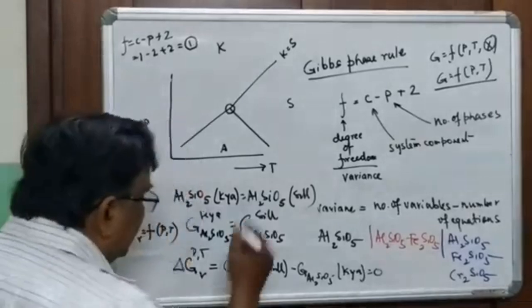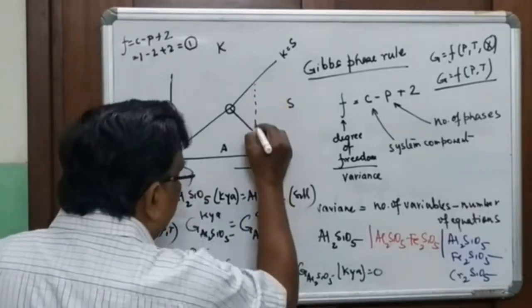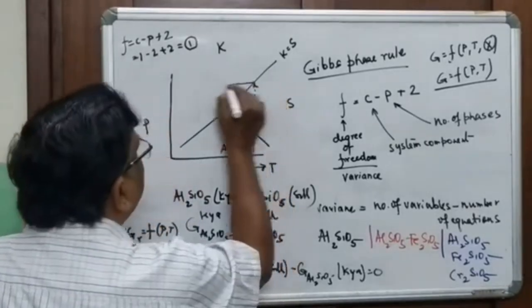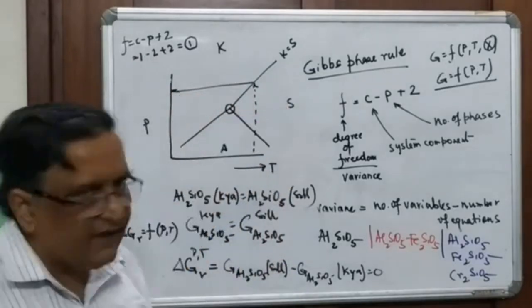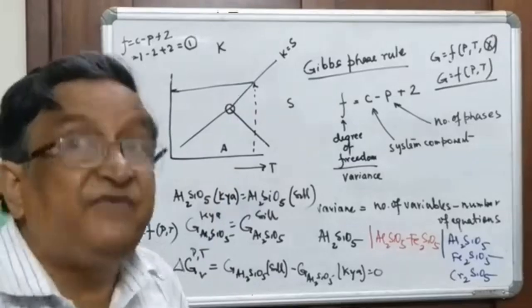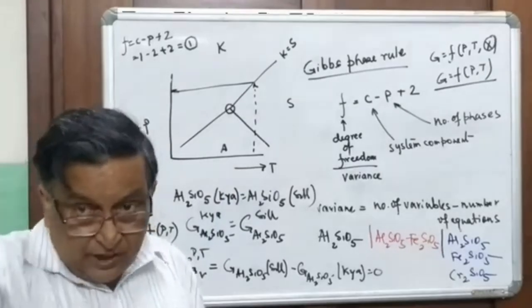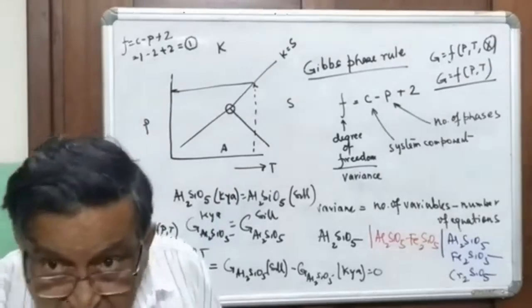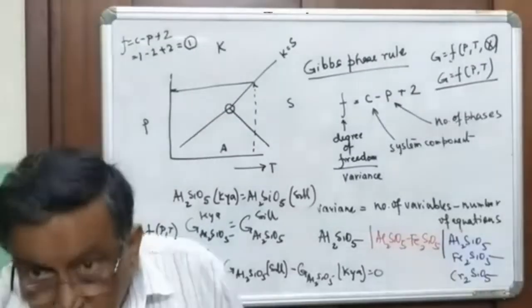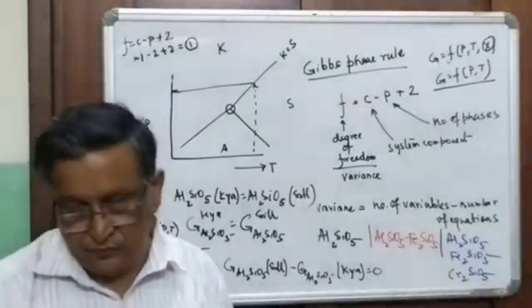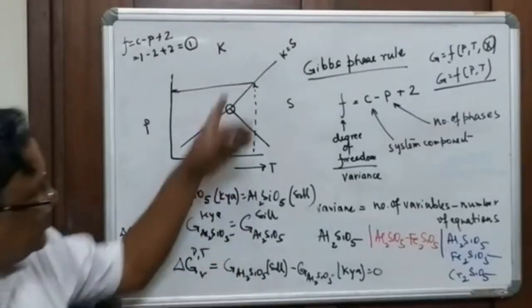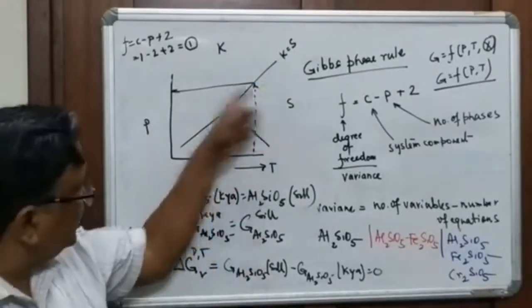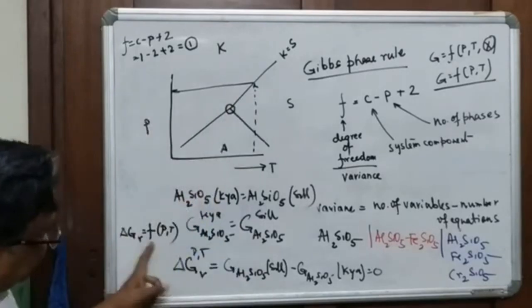I assign a temperature value, and I get you the pressure value. Assign a temperature value, that means T is equal to something. You give me that value, and I will tell you what the pressure is, because I have an equation.